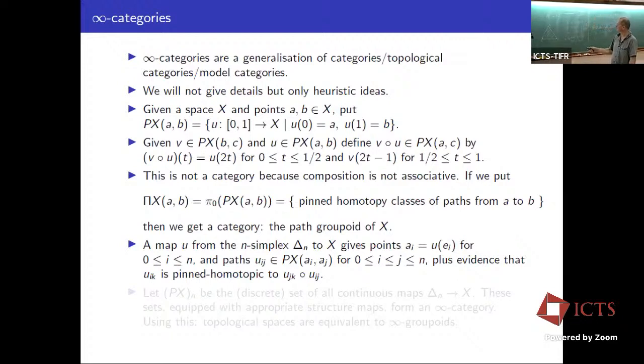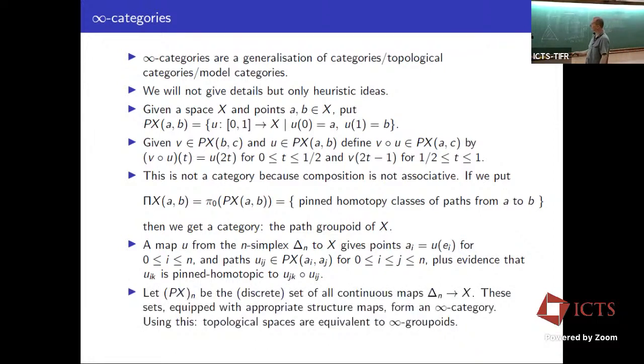You get n plus 1 points and a bunch of paths and some extra information which witnesses the fact that Uik is a choice of Ujk composed with Uij. So we look at all these sets. PXn is the set of all continuous maps from delta n to X. These form what's called a simplicial set, and it's a simplicial set with particular properties.